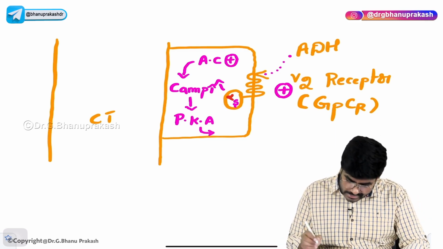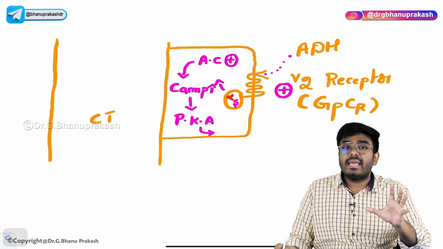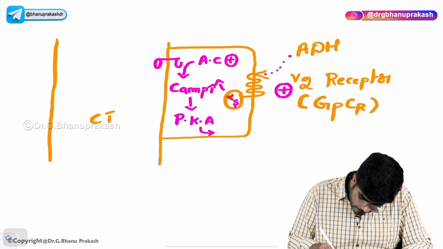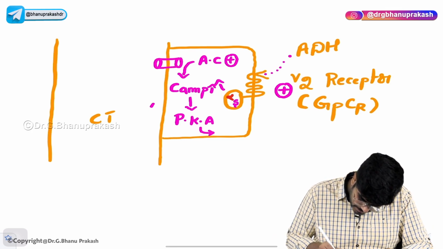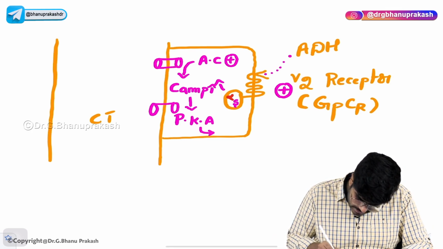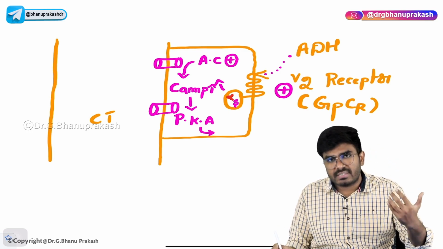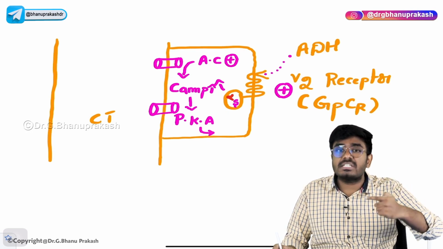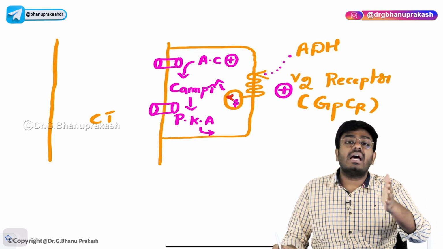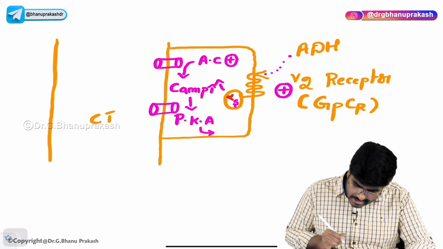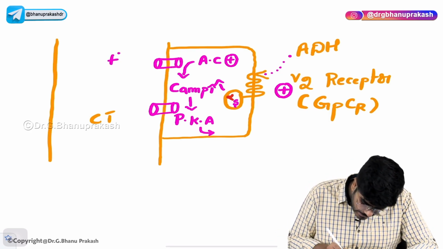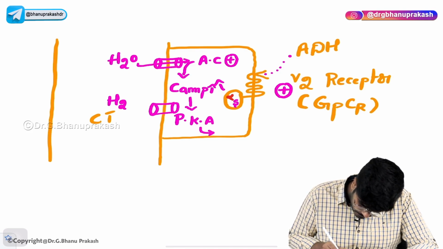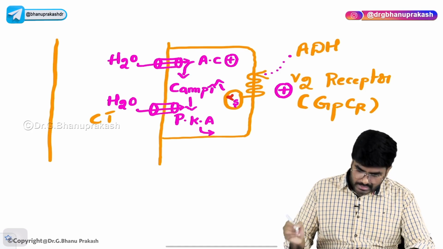At the end of the day, it helps in production of water channels because of the elevated cAMP levels in the cell. After this cAMP is produced, a cascade of reactions will take place in the cell, which ultimately helps in the production of these water channels. Now, these water channels will help in absorption of water into the cell. Water is being reabsorbed into the cell.